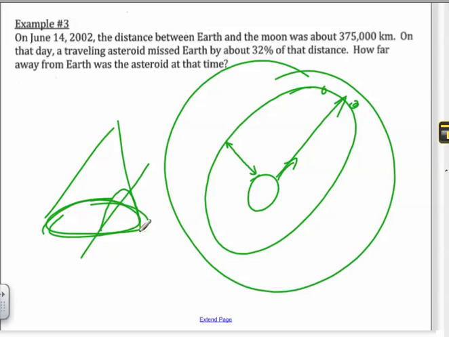If you cut a cone this way, but it's not horizontal to the ground, it makes a shape called an ellipse, like that. That's why they call them conic sections. It's these different shapes that you can get from a cone. An ellipse is one of the conic sections, and we can use formulas to determine different points on an ellipse.